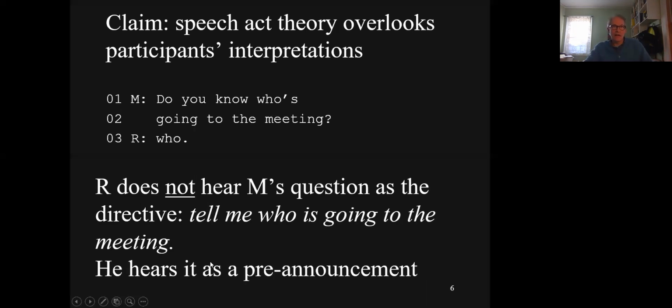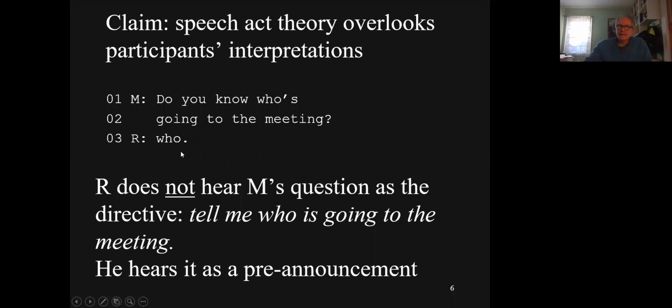But then as we saw, the response is that R hears it differently. R does not respond to this as a directive, because R doesn't say who's going to the meeting. R says who. Speech act theory doesn't have a way to deal with this because it didn't deal with sequences of utterances. It was just one thing at a time.